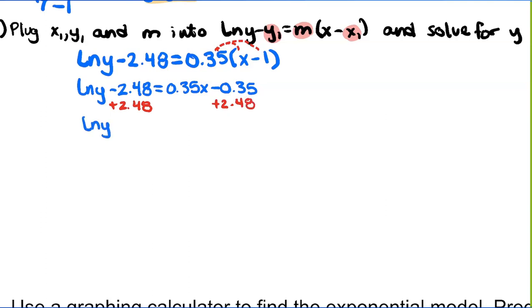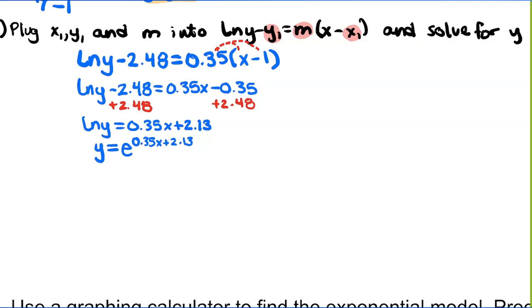So I have the natural log of y equals 0.35x plus 2.13. Good stuff. I'm going to take e to both sides now. I'm going to exponentiate to get rid of that natural log. When I do that to the left side, that's just going to leave me with y. On the right side, I have e raised to this whole thing: 0.35x plus 2.13.